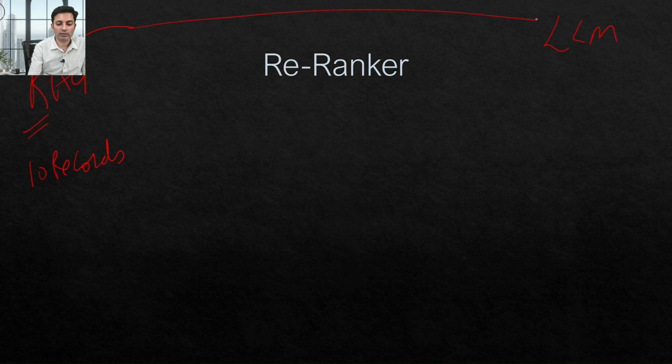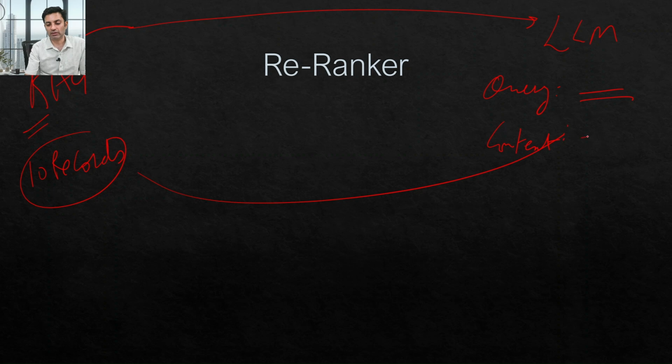With the augment, we tell the large language model, okay, this is the user query which the user has asked. This is the context. Context means the 10 records, I pass them here and say these are the 10 records. Now answer it, basically generate. So we'll use the generation part using an LLM here.